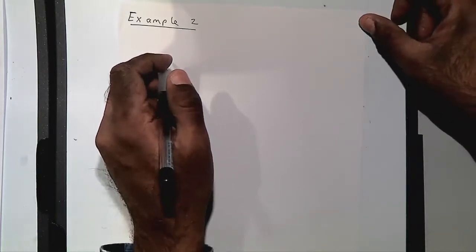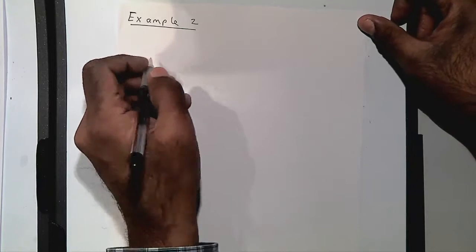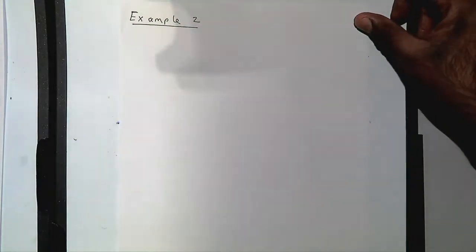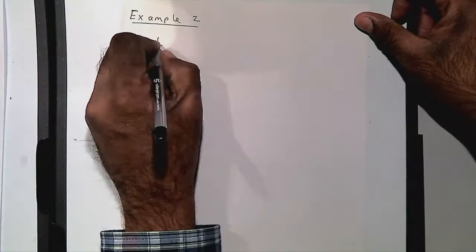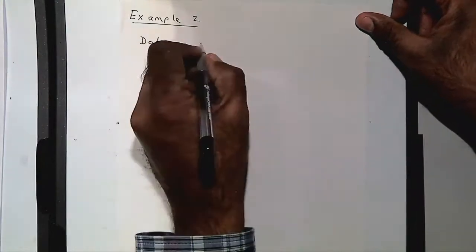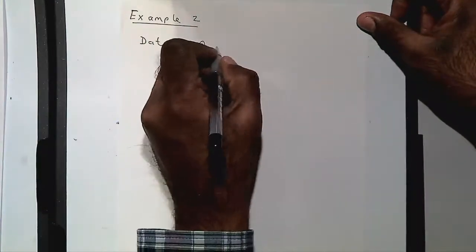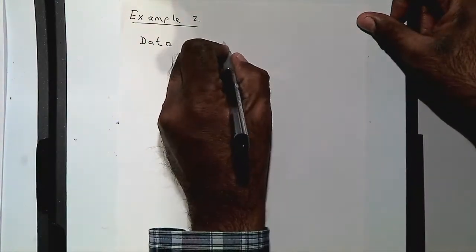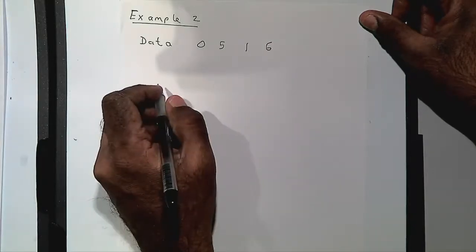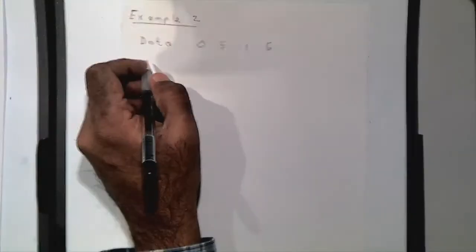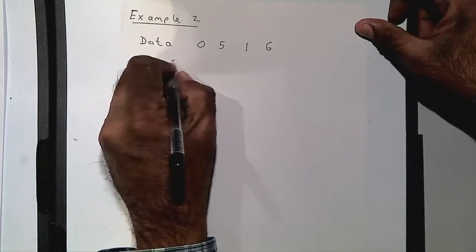Okay. Suppose you have the data 0, 5, 1, 6. All right? So we have n is 4.